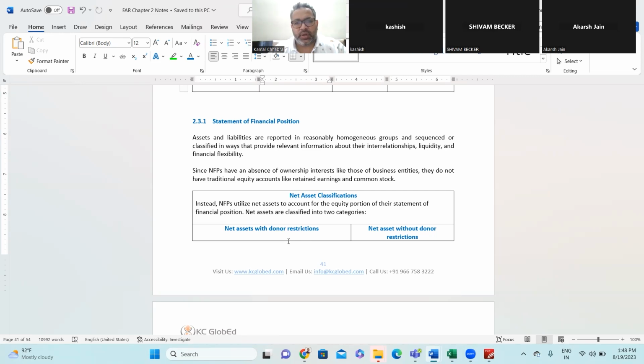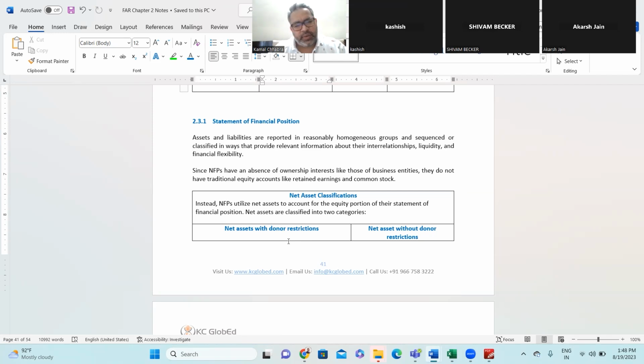Second is as per liquidity, whether they are current assets or current liabilities, non-current assets or non-current liabilities. And financial flexibility, like if it is convertible within 3 months to cash, then it can be classified into cash and cash equivalents.